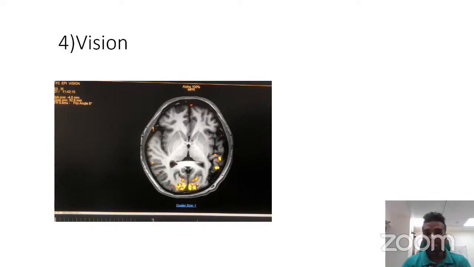In this patient, the task we had given is that the patient was on the couch, and we kept a mirror in front of the patient and passed a torchlight to the mirror, and he had to roll his eyes wherever the torchlight goes. And ultimately, in the post processing, the occipital lobe activation is getting generated.